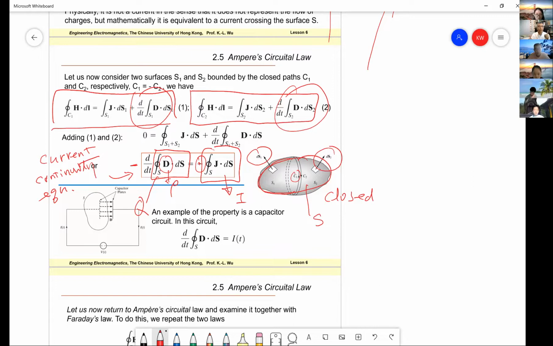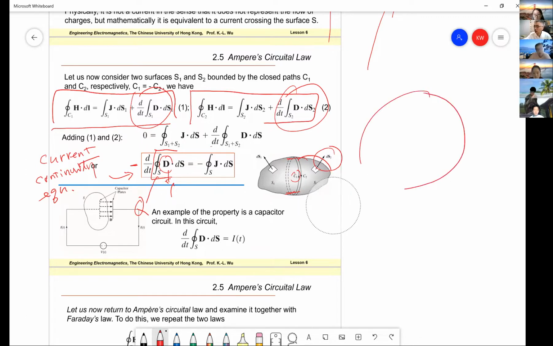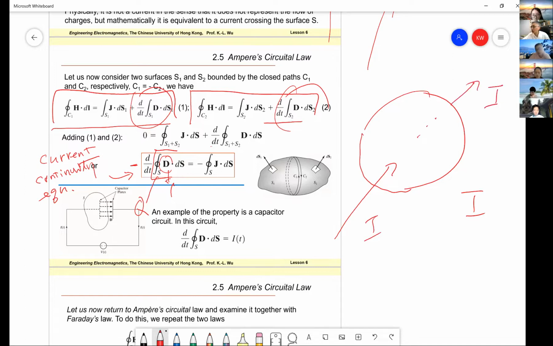Remember, we are talking about current going through a closed surface. You have current in, you have current out. If the in equals the out, of course this equals 0, right? This is a closed surface, not the surface, it's a single point.